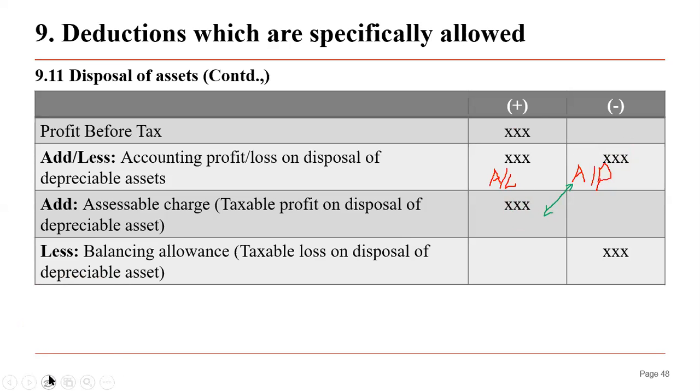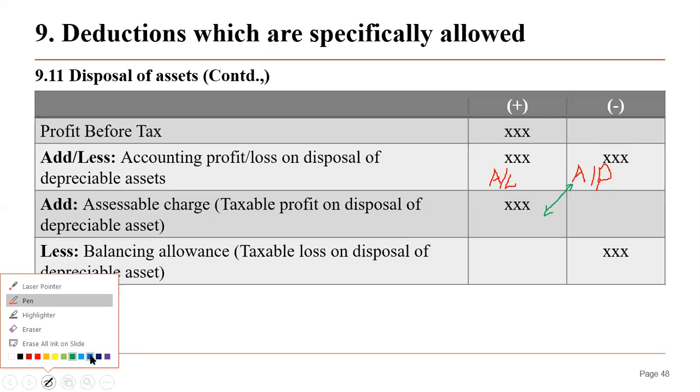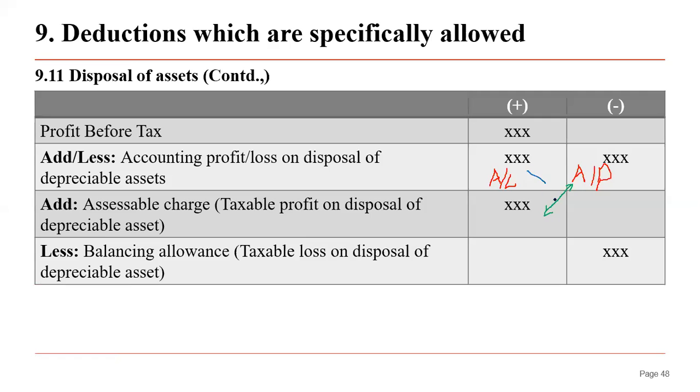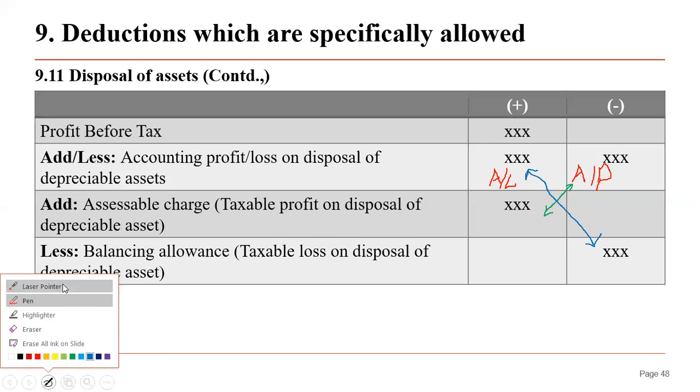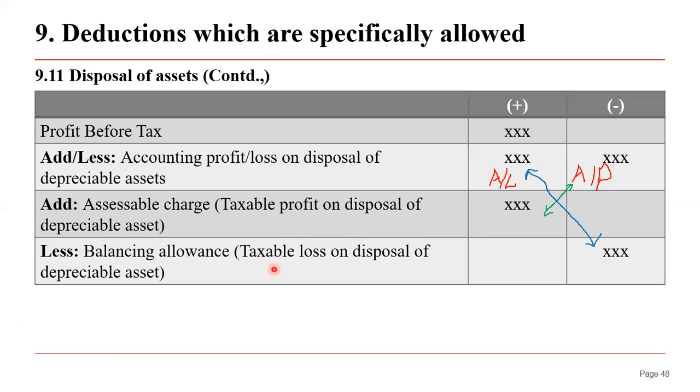Then in the other way, the accounting loss we need to add here because the accountant has deducted it, and we need to claim the balancing allowance, that is called taxable loss on disposal of depreciable asset. This is the amount we need to deduct as a balancing allowance, right? And you are clear with this adjustment, accessible charge and balancing allowance.